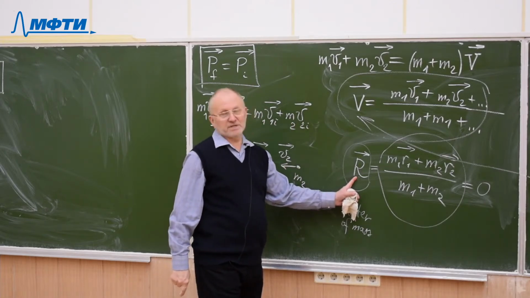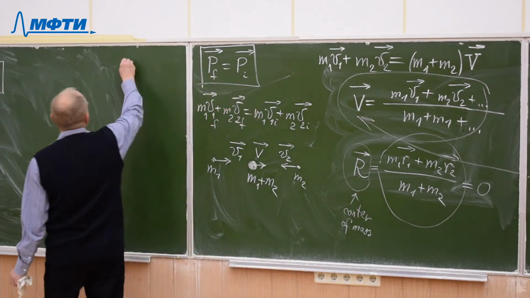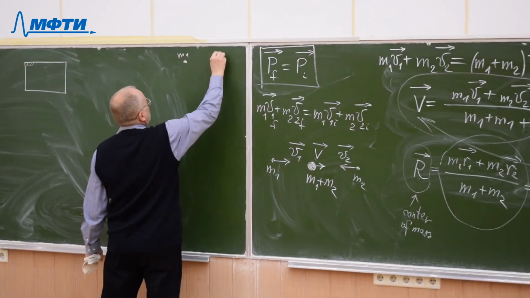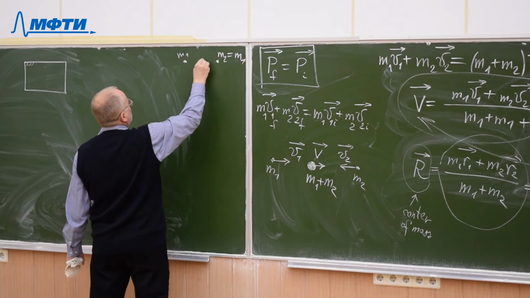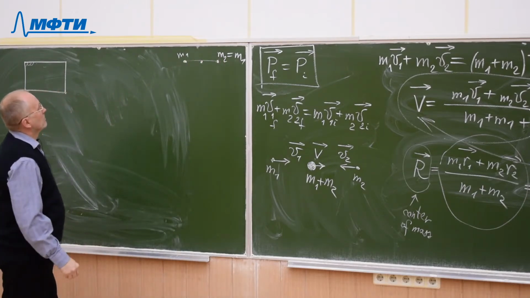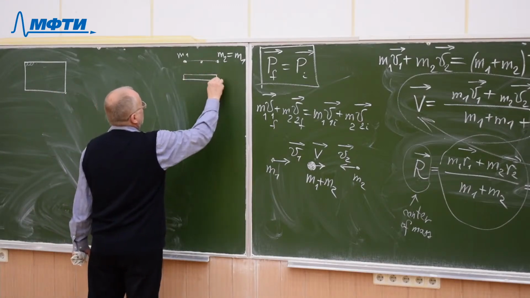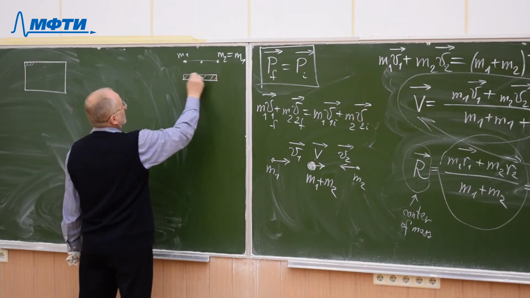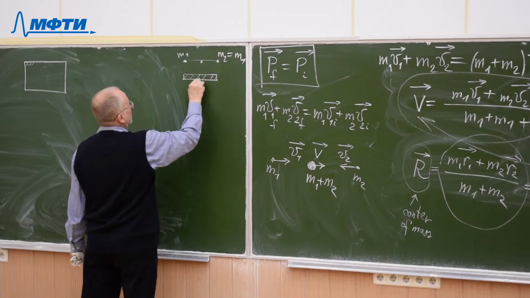And the result is obvious, because when we have two identical particles, m1 equal to m2, then the center of mass lies in between them on this section. So if we have a uniform rod consisting of many particles, then the center of mass of this rod will be again at the center of the rod.